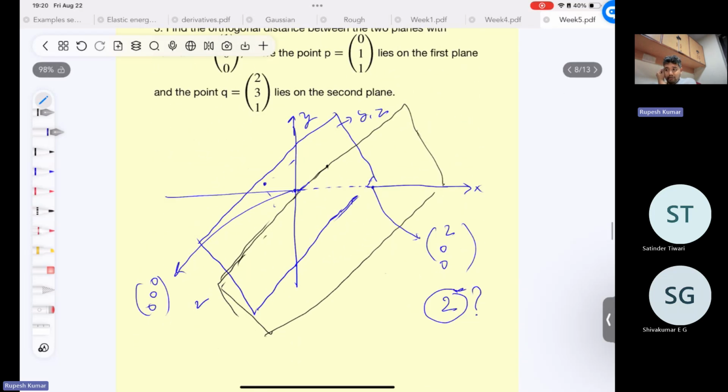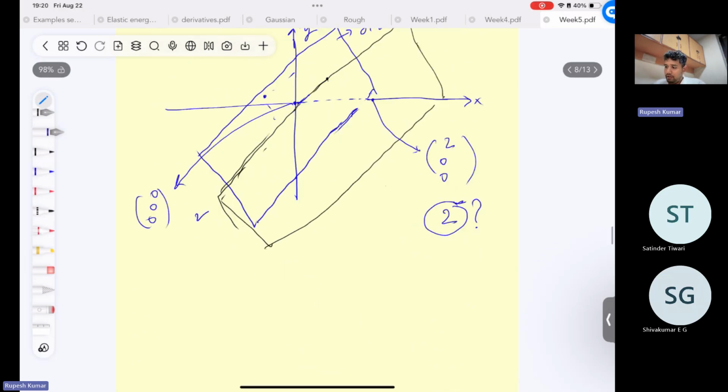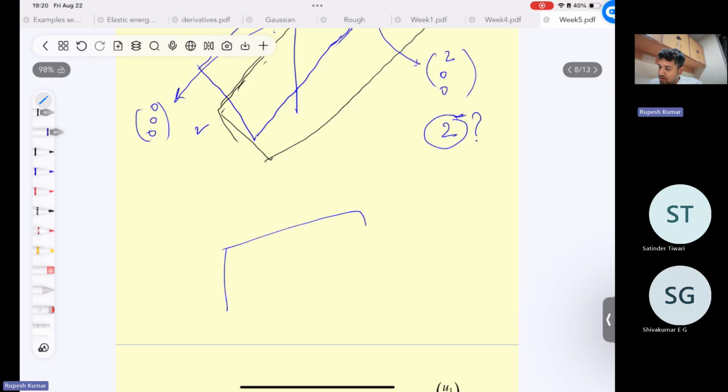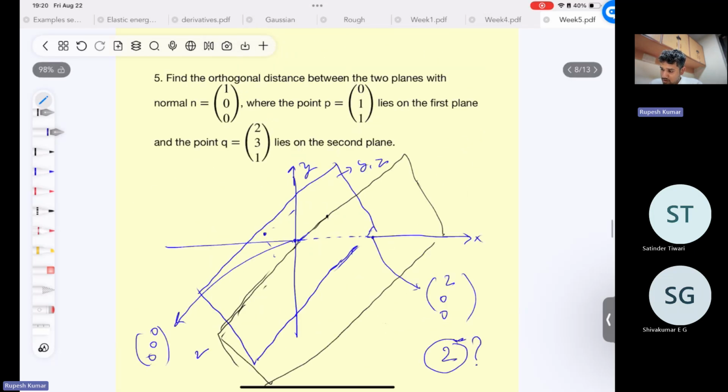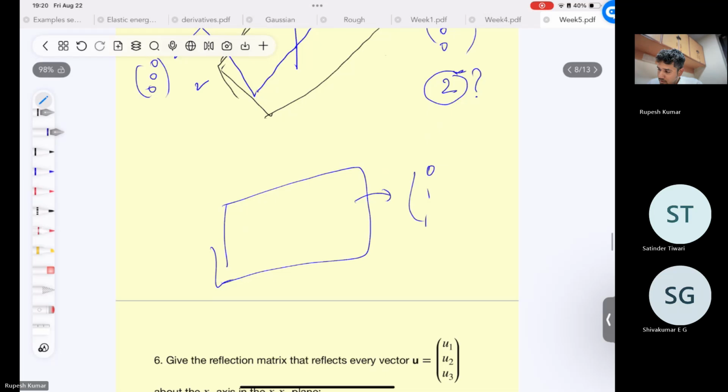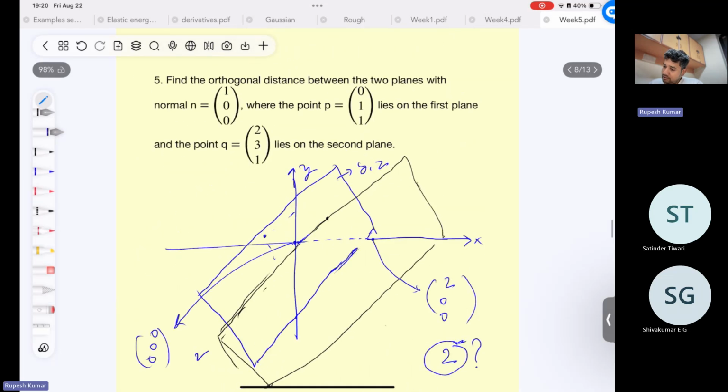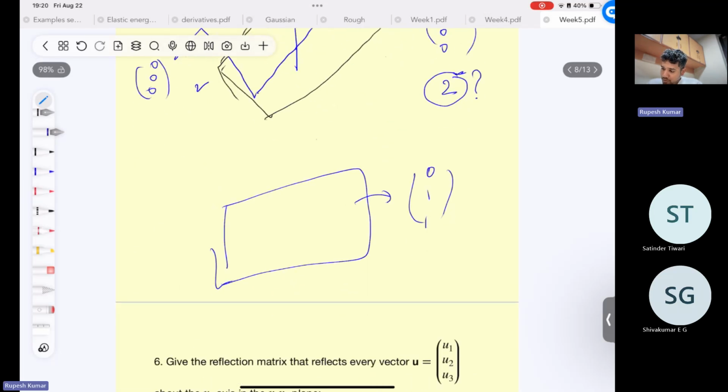Another solution you can use: let's consider this as the plane that passes through the point, let's say 0, 1, 1, and we have a point 2, 3, 1, and this plane has a normal 1, 0, 0. The normal is 1, 0, 0. Then what you can do, let's say this is the origin.